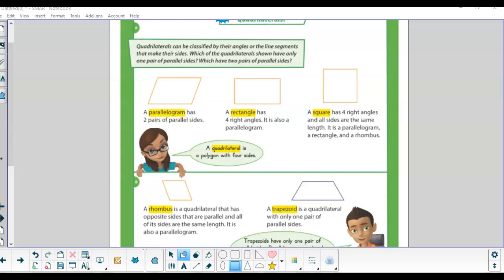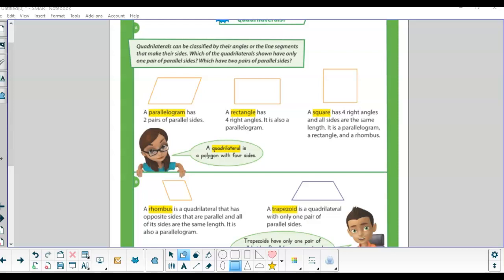So any of these other figures that also have two pairs of parallel sides can be considered a parallelogram. So a rectangle has two pairs of parallel sides. A square has two pairs of parallel sides, and a rhombus has two pairs of parallel sides. So that means they can also be considered a parallelogram.